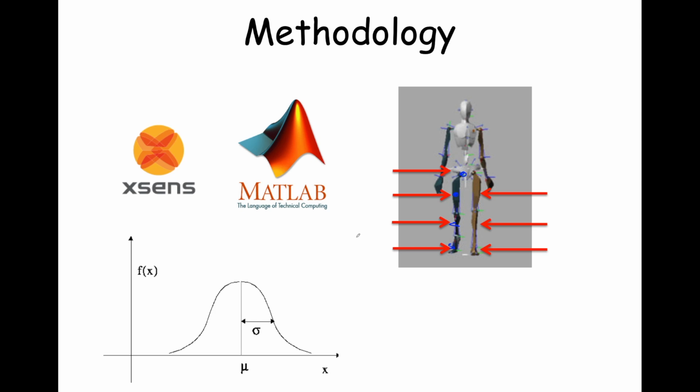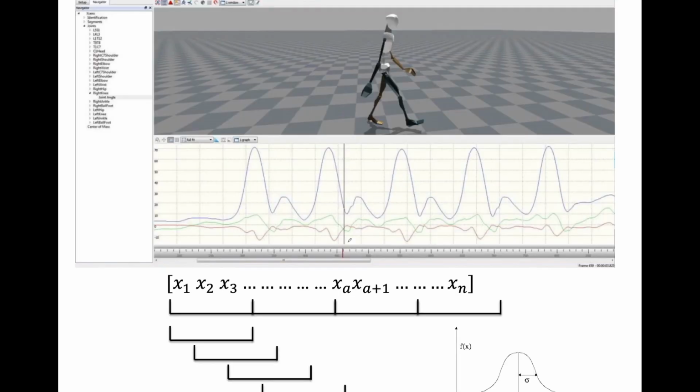We used a normal distribution and outlier detection based on a normal distribution assumption, and we input this data into MATLAB and then played it with other recorded data given various disturbances, blocks attached to the feet, to see when we can detect these outliers, how much you have to disturb someone's gait before it's detected by outlier detection. Okay, and this is an example of what the interface looks like.